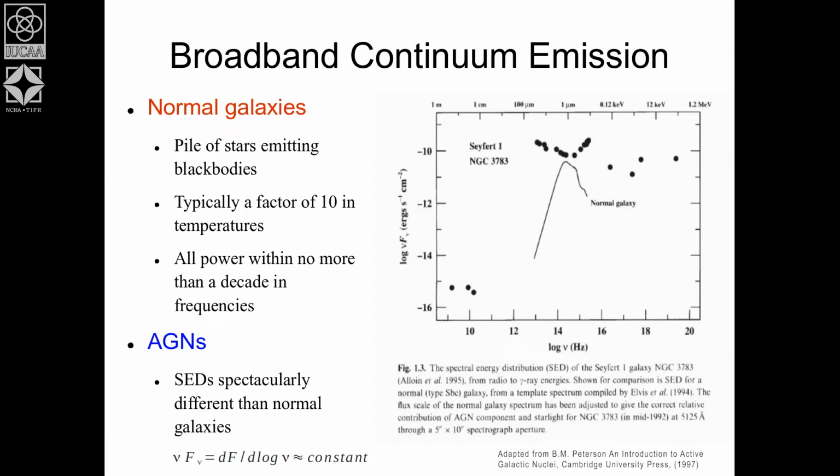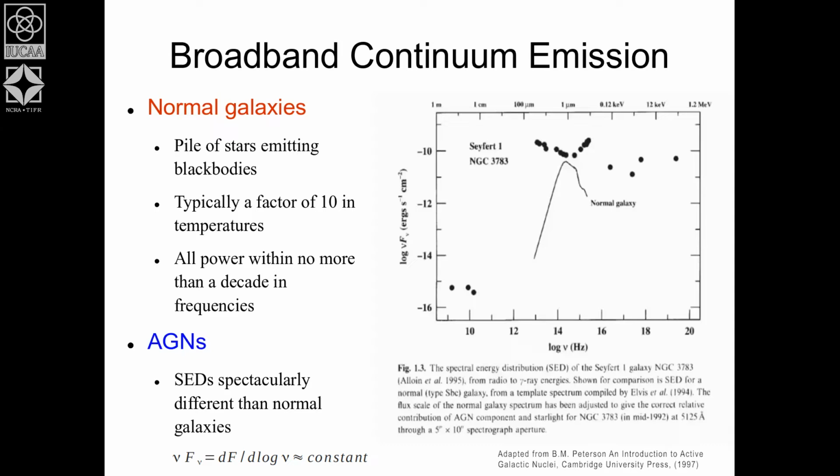So the temperature of these stars varies by a factor of 10 or so. What this means is that these stars are emitting like black bodies. So if you sum the black body emission from the low mass stars and the high mass stars, or the cool stars to the hot stars, the emission ranges from, let's say, near infrared to ultraviolet. That's where the emission usually ranges.